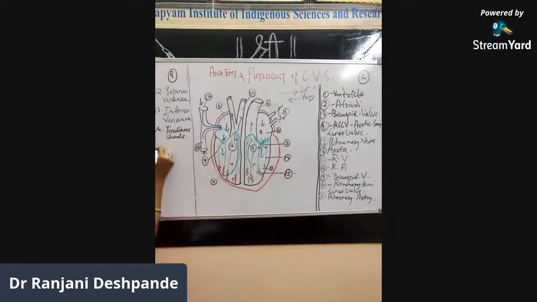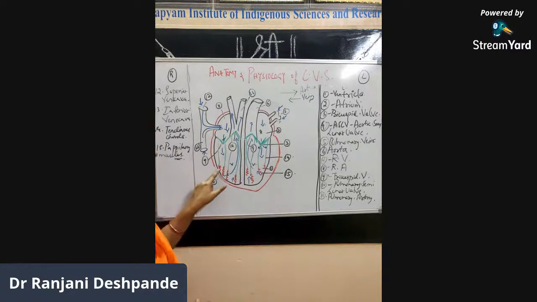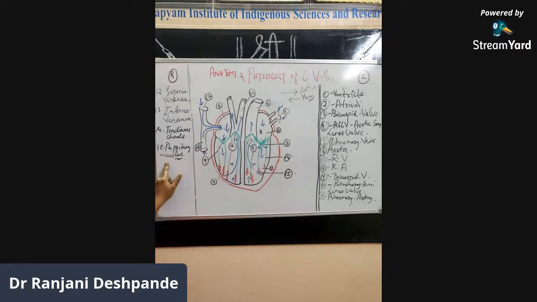So this is 15. Now we have the papillary muscles. The tendinous cords become rooted into the wall of the heart by specialized muscle cells, which are called the papillary muscles.